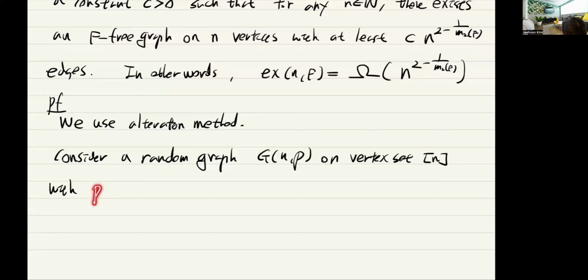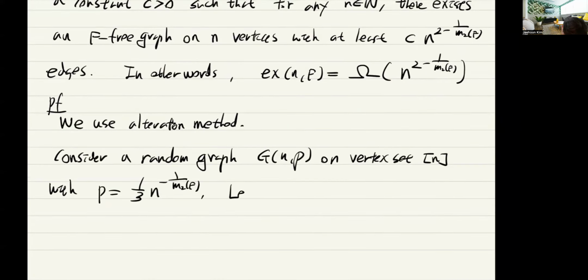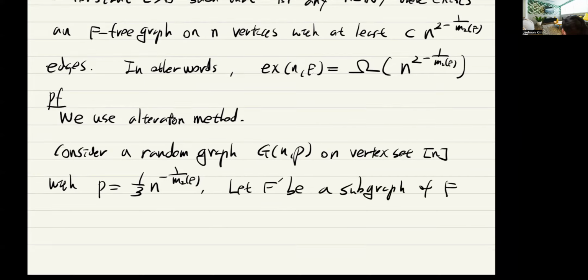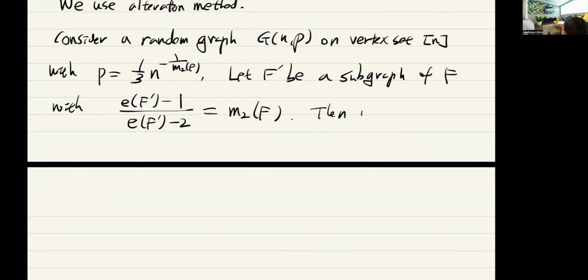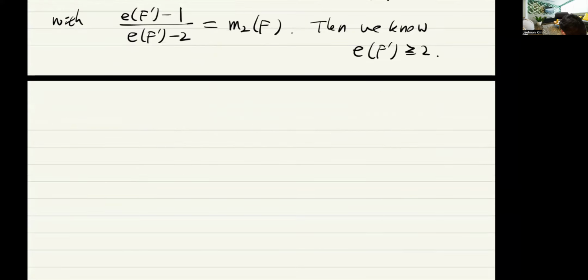Say p is 1/4 times n to the negative 1 over the 2-density of F. And let F prime be a subgraph of F which attains the 2-density. The number of edges in F prime minus 1, divided by the number of vertices in F prime minus 2, is the same as the 2-density of F. Then, in particular, we know that the number of edges in F prime is at least 2.